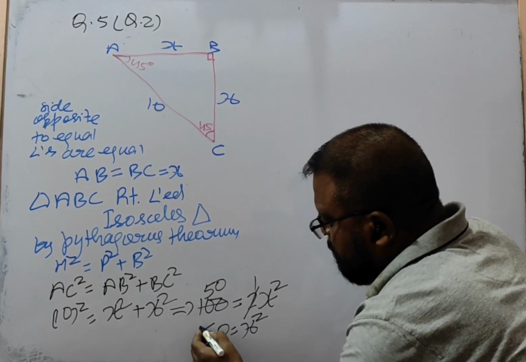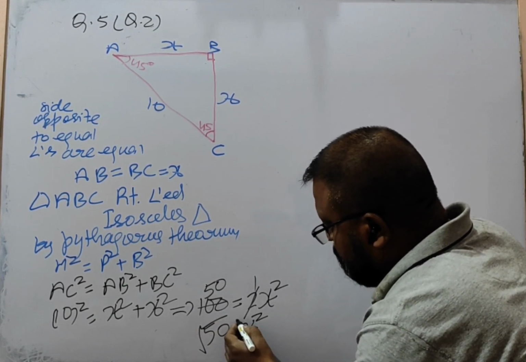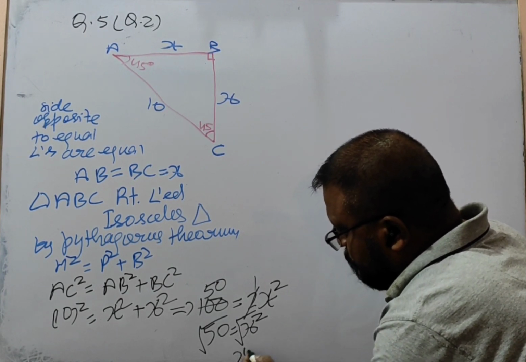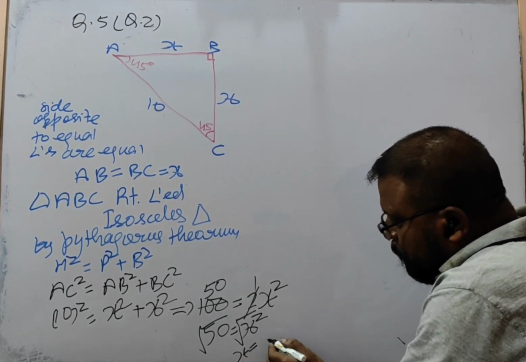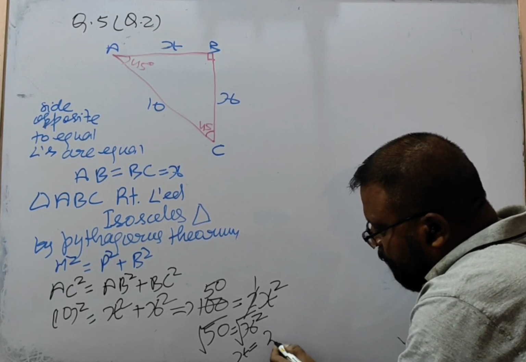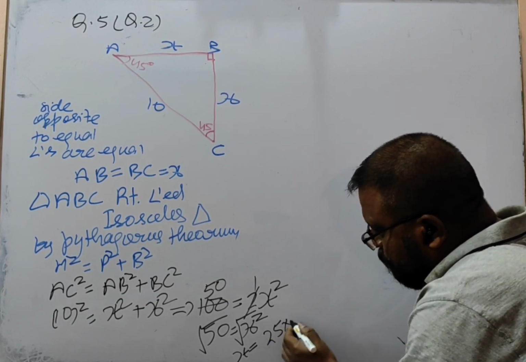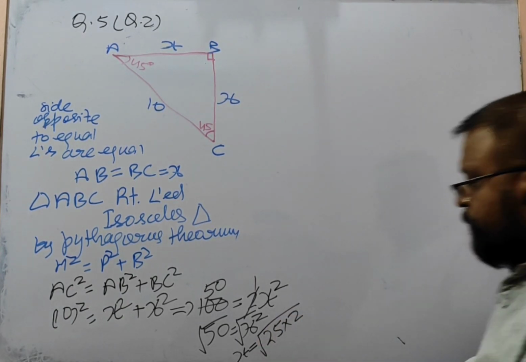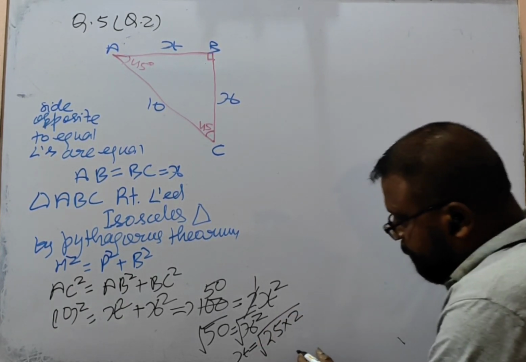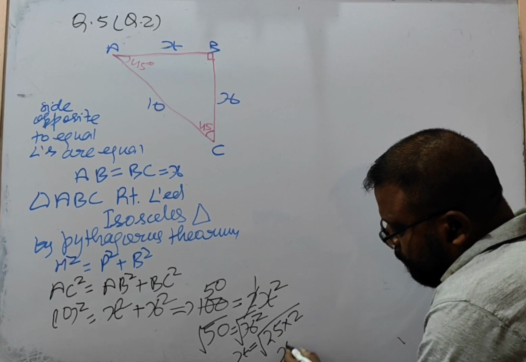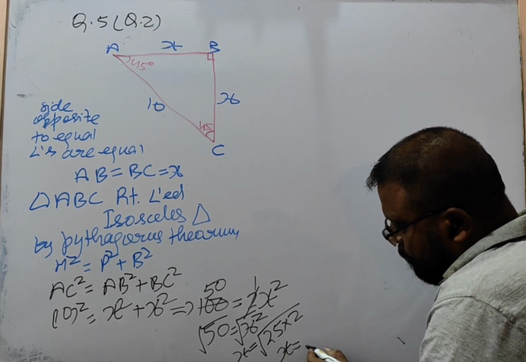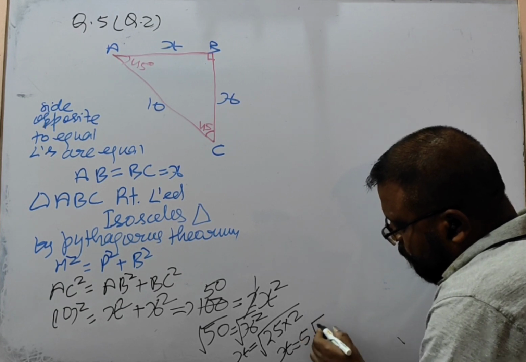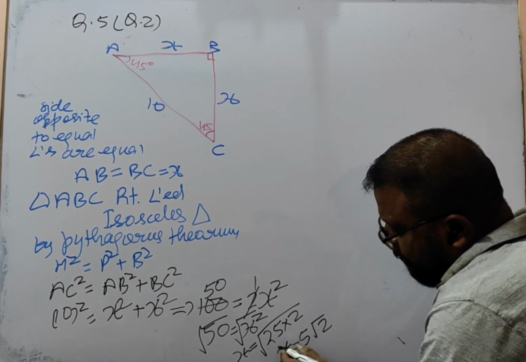Taking square root on both sides, x is equal to root of 25 into 2. 2 times 25 is 50. So we can write x is equal to 5 root 2, because 25 is the perfect square of 5.